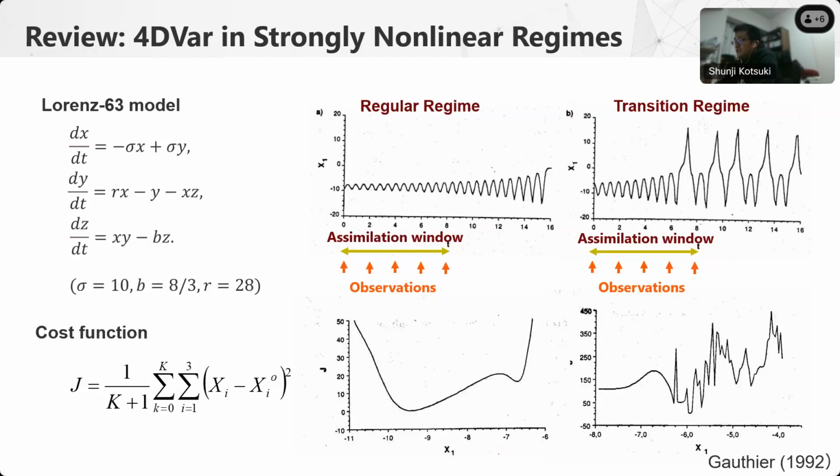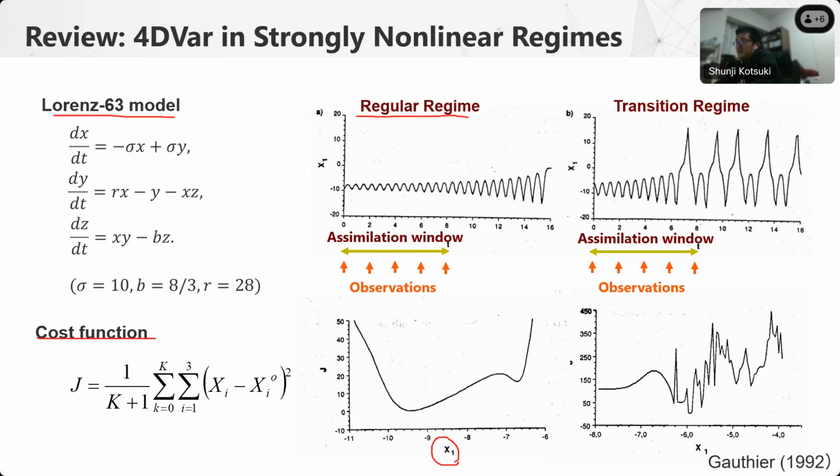This study illustrates the shape of the cost function for the 4D-Var problem with the Lorenz 63 model, for regular and transition regimes. The manuscript illustrates the cost function directly as a function of the first variable.